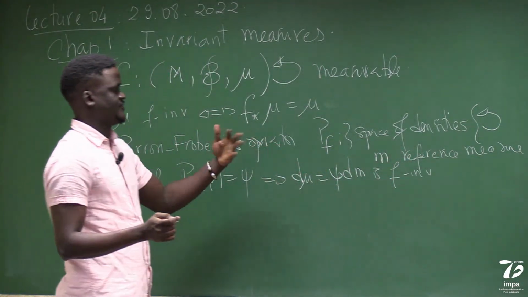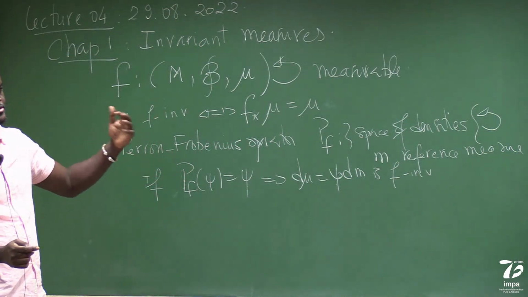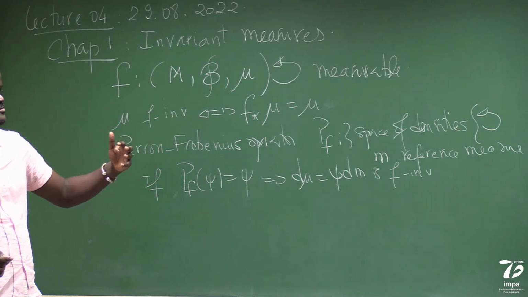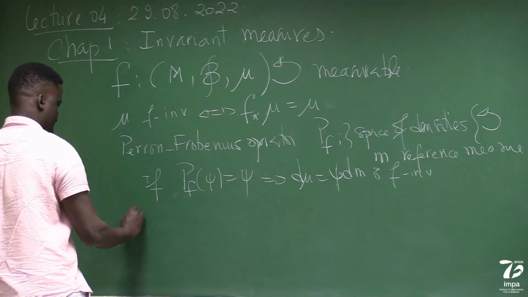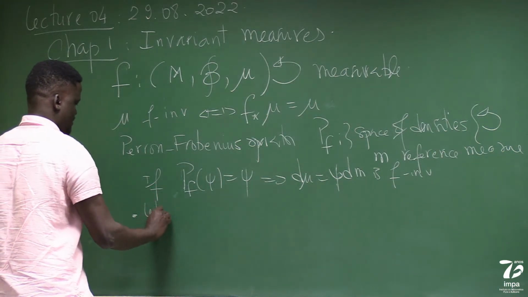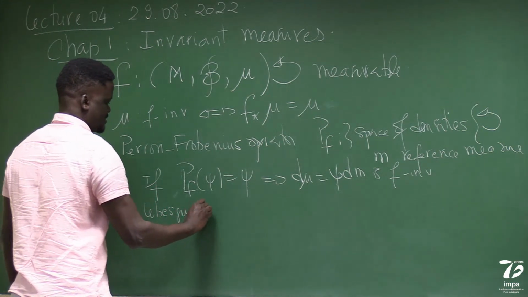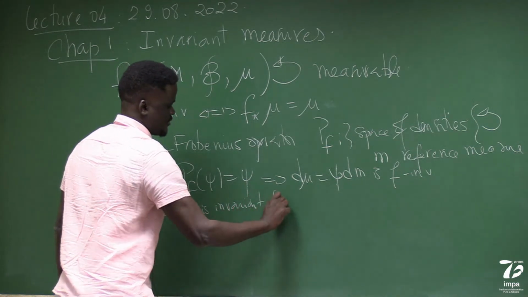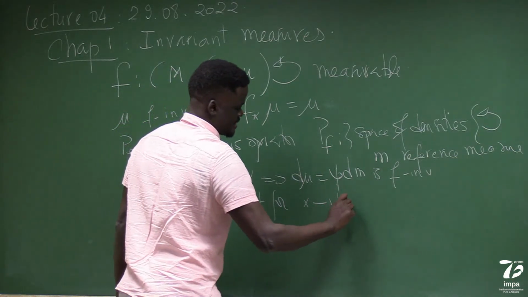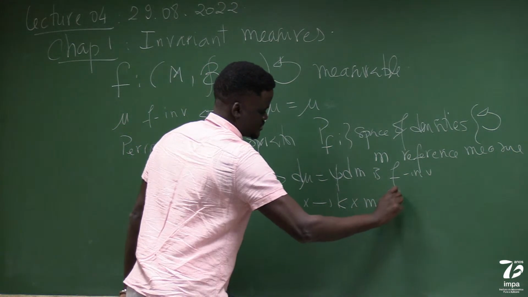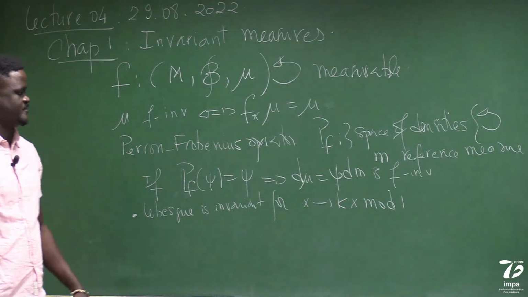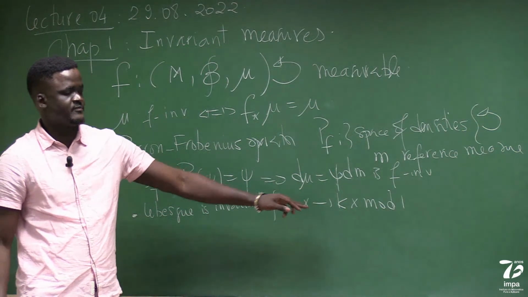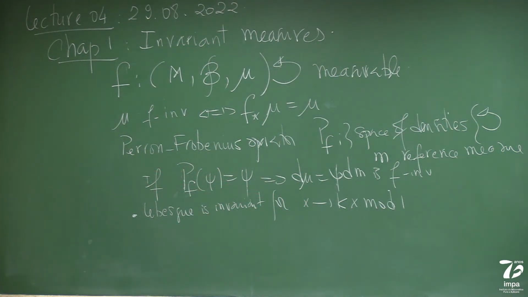Remember, by the definition of this operator, this was useful for expanding maps. We use this to find that Lebesgue is invariant for this map. I said last time you don't need to use this operator, but as an exercise, it was good to see that Lebesgue is invariant for kx mod 1, which is a decimal expansion.